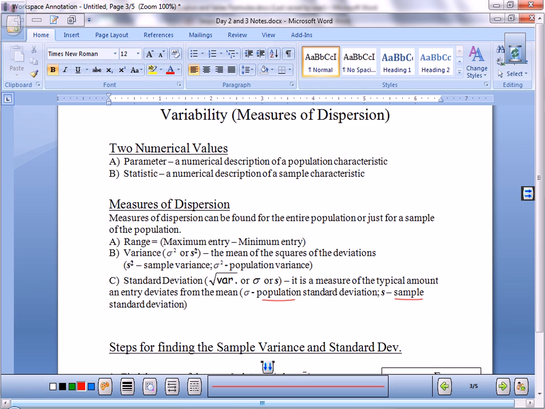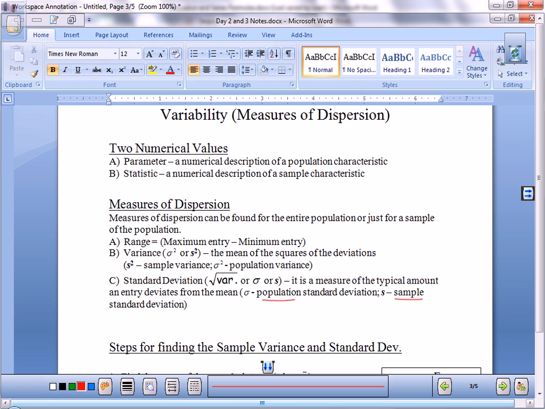Okay, so now we all have our calculators. Let's go back and discuss some vocabulary here. We have two numerical values we're going to look at. A parameter is a numerical description of a population characteristic, if we have the entire population, versus a statistic, which is a numerical description of a sample characteristic. Now, a sample is what we usually deal with.